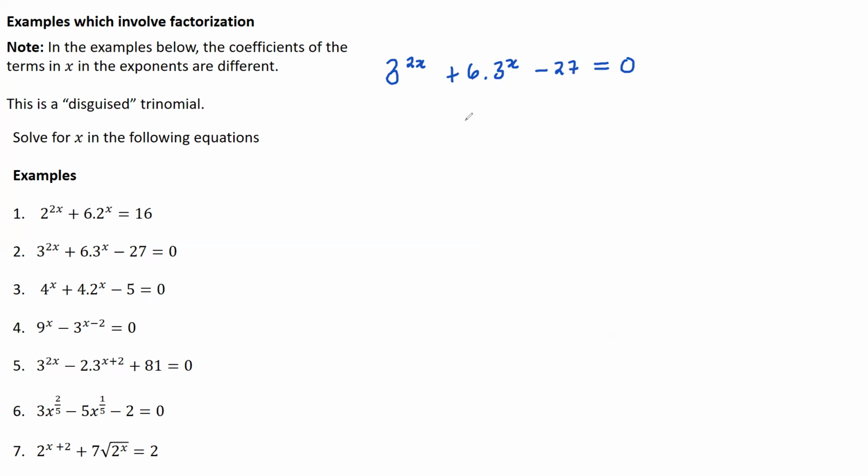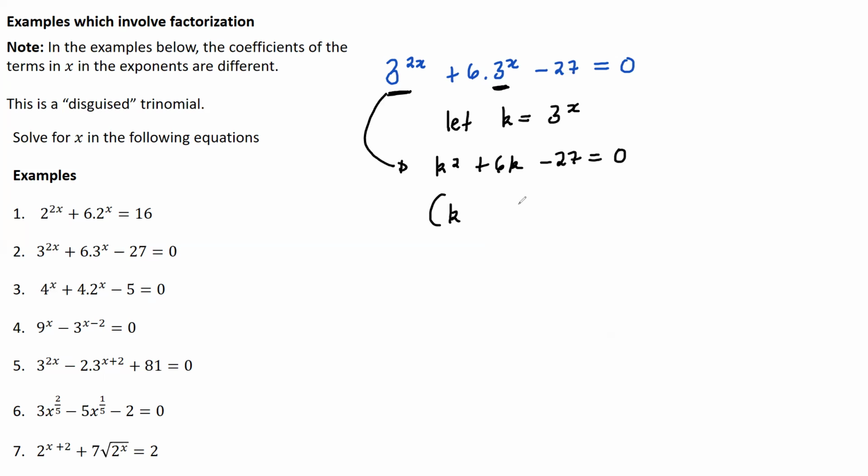And I see there's a 3 to the power x here and a 3 to the power 2x. So I'll say let k again be 3 to the power x. So that leaves me with k squared plus 6k minus 27 is 0.